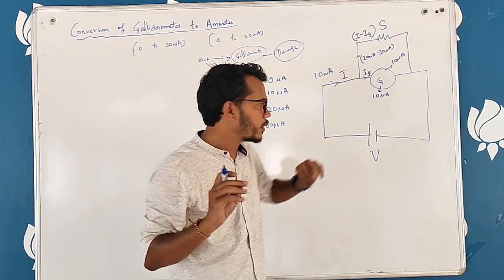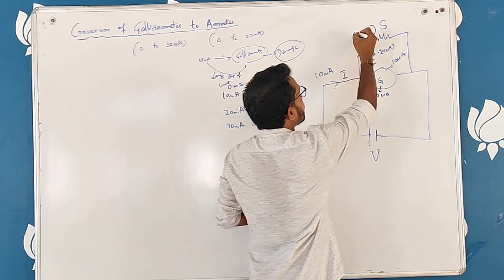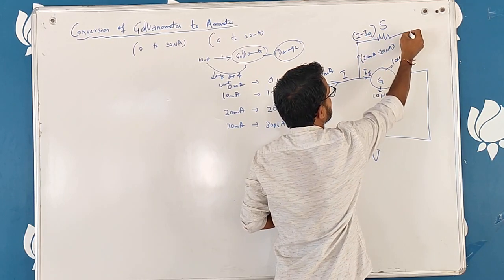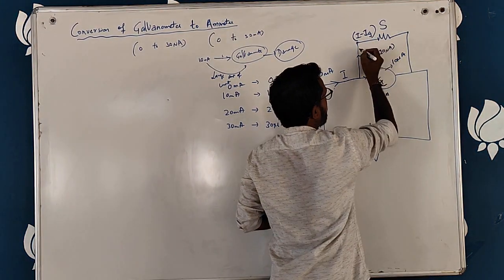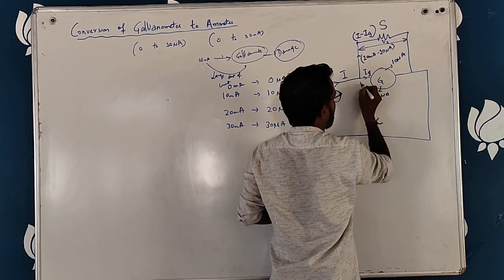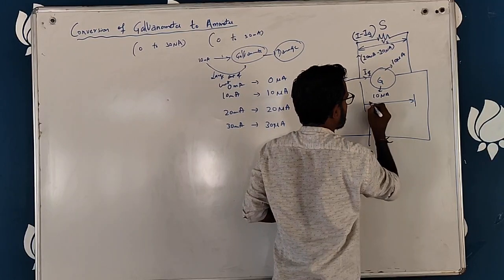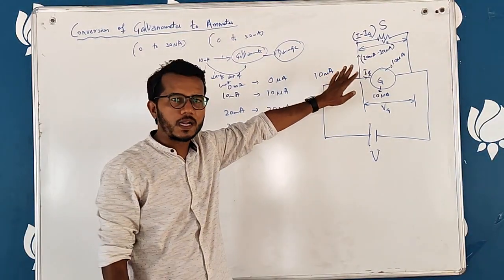So what I can write is the potential drop between these 2 points, across this S resistor, I can represent by Vs, and the potential difference across the galvanometer. Both will be the same because they are parallel connections.